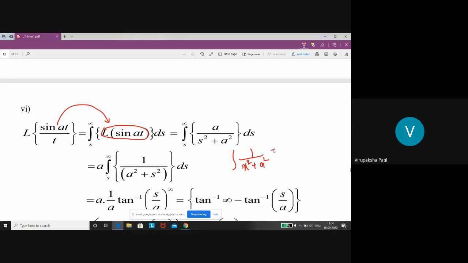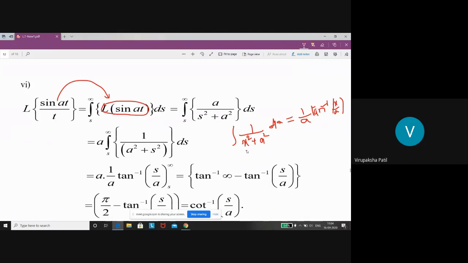Integration of 1 divided by x square plus a square dx. What are you going to write? You are going to write this as 1 by a into, already you derived this in previous second year, 1 by a into tan inverse x divided by a, isn't it?